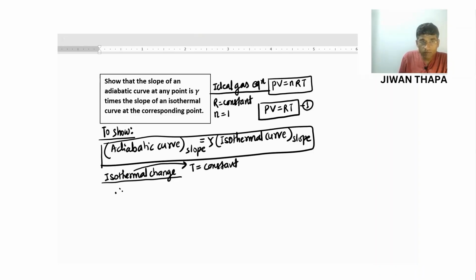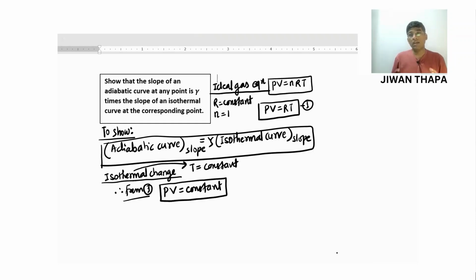So therefore from equation 1, for isothermal change we write PV equals R, and R is constant, and for isothermal process temperature is constant. So equation 1 can be written in this way, PV equals constant. So we are writing equation 1 in terms of isothermal process or change. So let's call it equation 2.